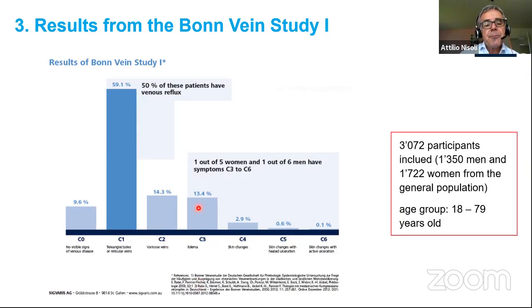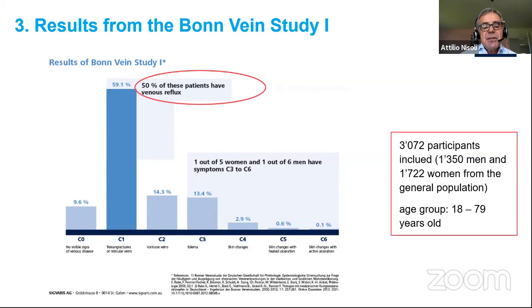When we look at these different columns, C0, so no visible signs of venous disease, there were 9.6% of these 3,000 people. But then C1, and here we are talking about the spider veins and the reticular veins, there's already a high number of almost 60%. And out of these 60%, at least half of them had a venous reflux in the direction of the ankle.